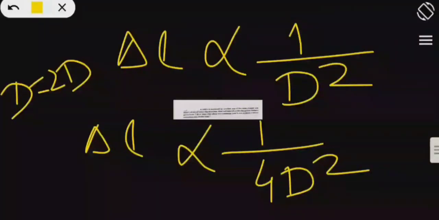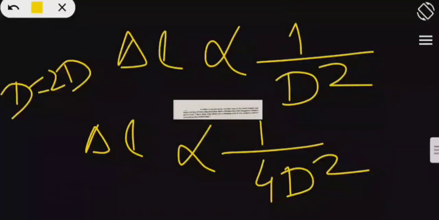Then write clearly, if the diameter is doubled, the elongation will become 1/4. Write down clearly.